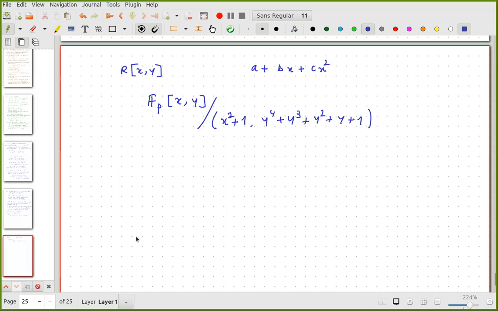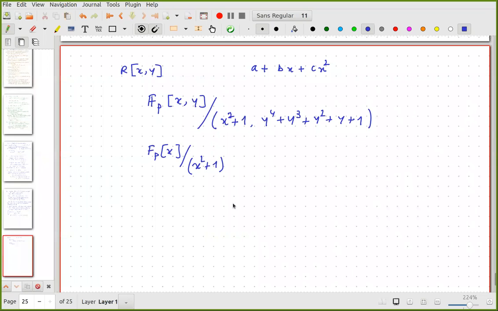In one variable, if x^2 + 1 is irreducible, then F_p[x]/(x^2 + 1) will be a field. Suppose this is already a field, then it is just like asking over that field whether this polynomial is irreducible.